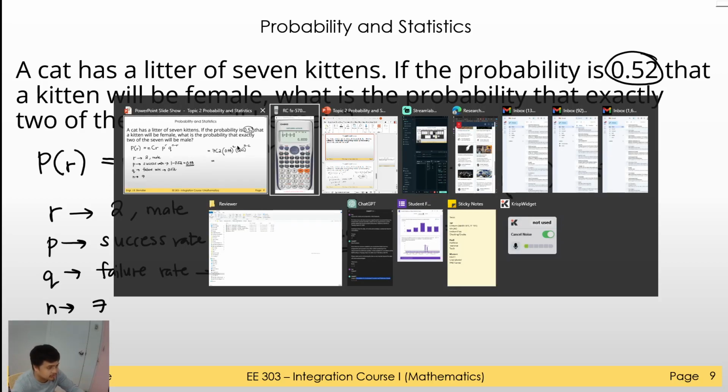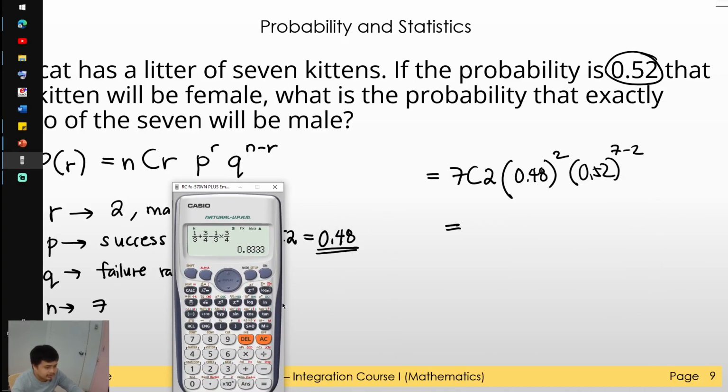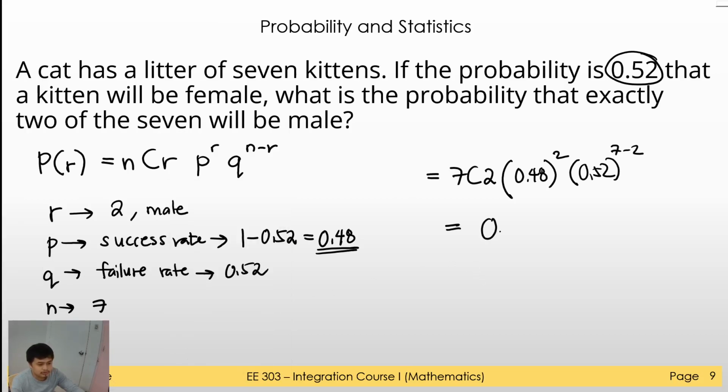So the calculation is 7C2 times 0.48 squared times 0.52 to the fifth. The answer should be 0.184. This is the probability that exactly 2 of the 7 will be male.